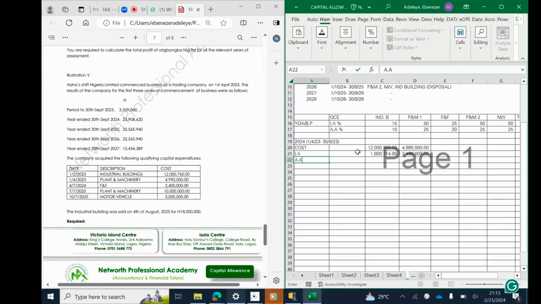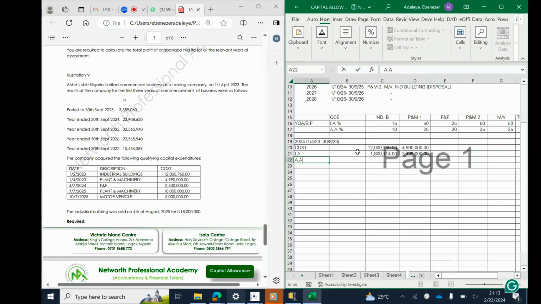Industrial building was acquired before the commencement of the year, so we assume that it was acquired at the commencement of the business, while the second one was acquired on the same day of commencement of business, right?